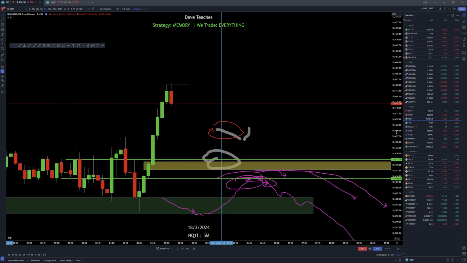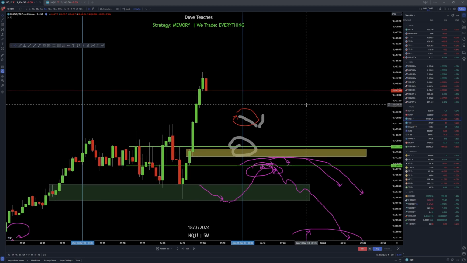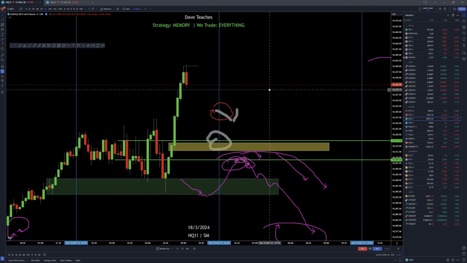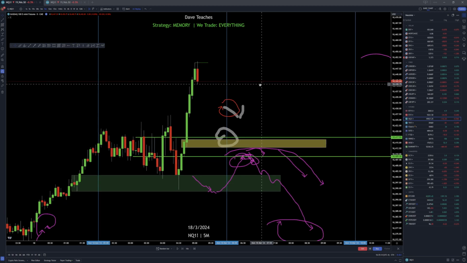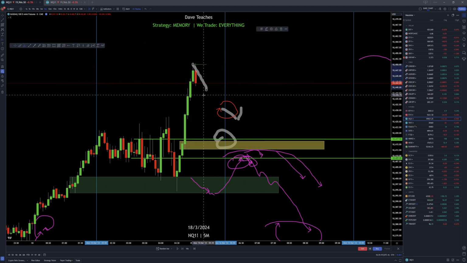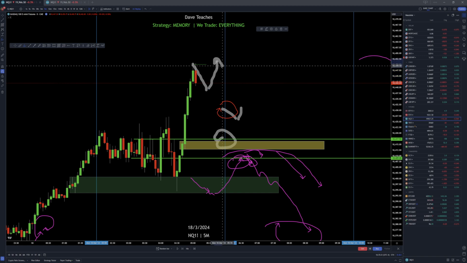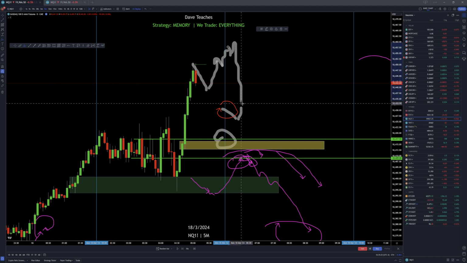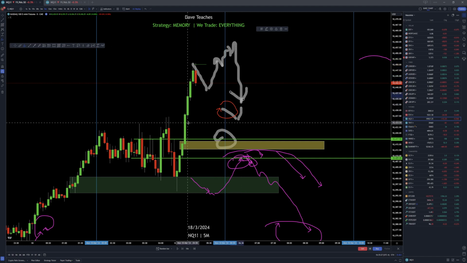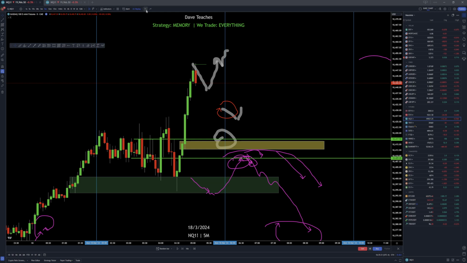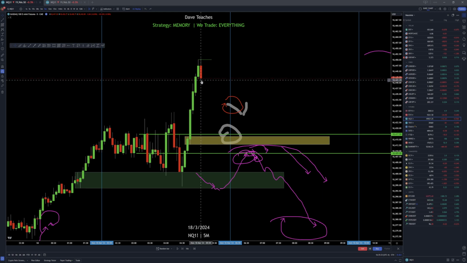Right, that's all we have in terms of the wicks. So I am in favor of that move down, that manipulation higher, and then that drop down into that. Price doesn't have to give that to me though.